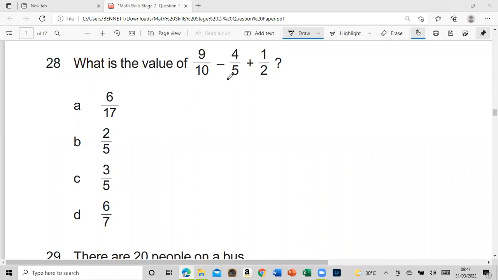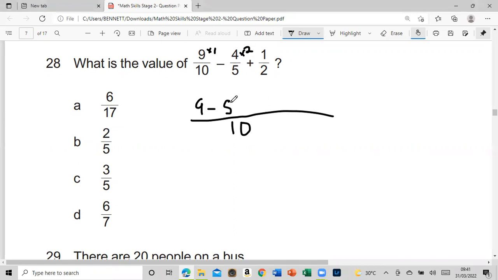Now these are addition and subtraction, right? So the order doesn't matter. What we can do is just find one LCM for all. So I encourage my students, alright? 10 into 10, that's 1. Multiply 1 by 9, so we get 9. Minus 5 into 10 goes 2 times. Multiply by 2. So 4 times 2 is 8. And then 2 into 10, that's 5. Multiply 1 by 5. That's 5. So we have a plus 5.